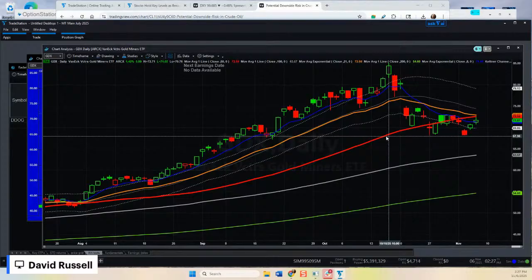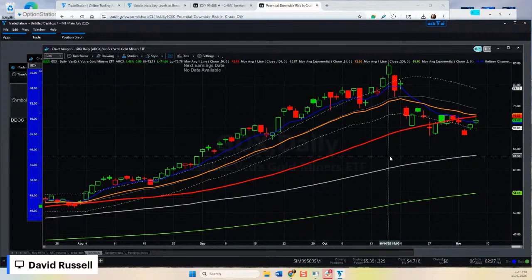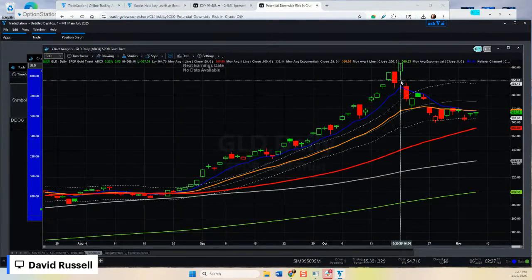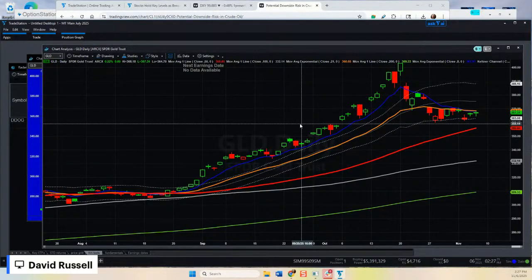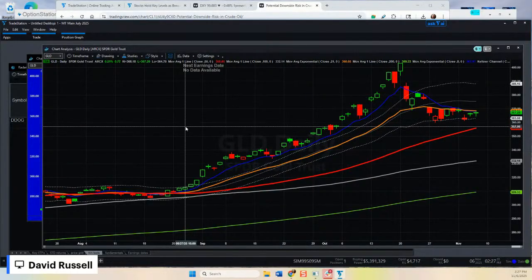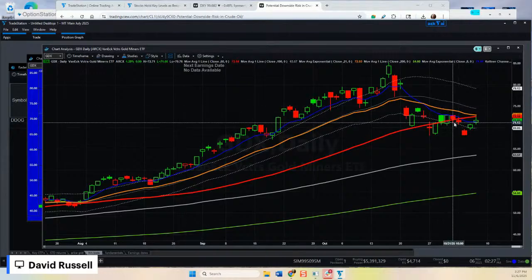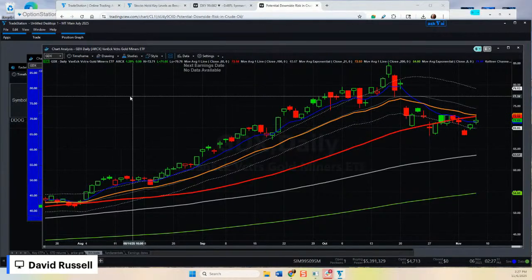So from my view here, this might be something in GDX that is starting to show the beginnings. What's interesting is, look at GDX. It basically started crashing on the 17th, and then look at gold. It didn't really crash until the 21st. So historically, GDX has moved before gold itself. It's also trying to get back above the 21-day exponential moving average today. So that's GDX I want to point out.